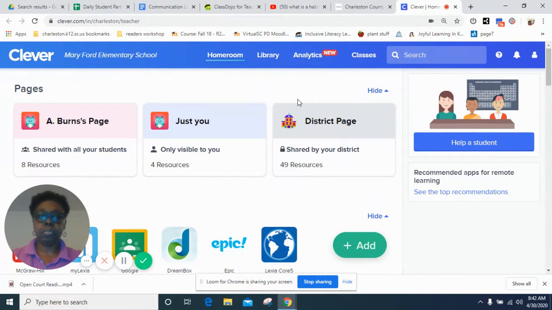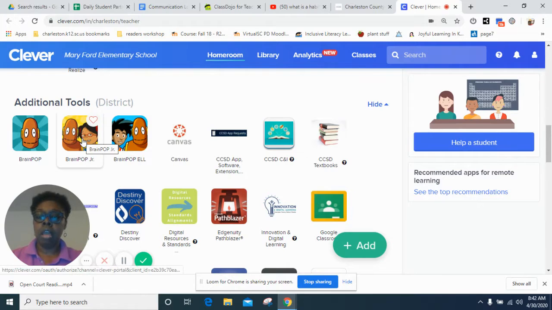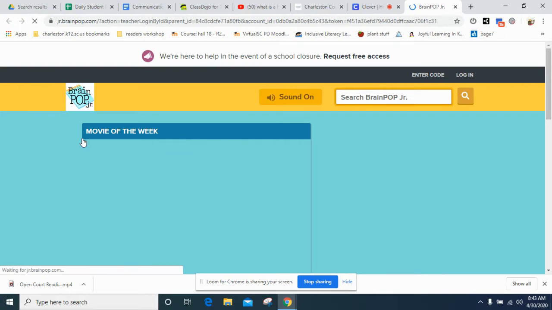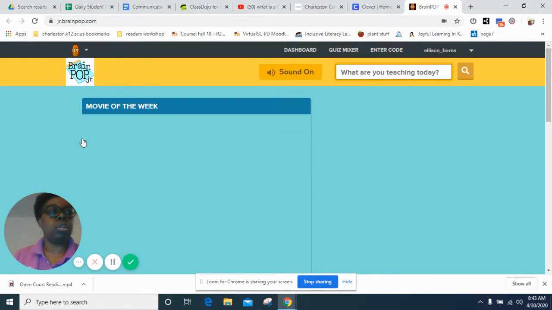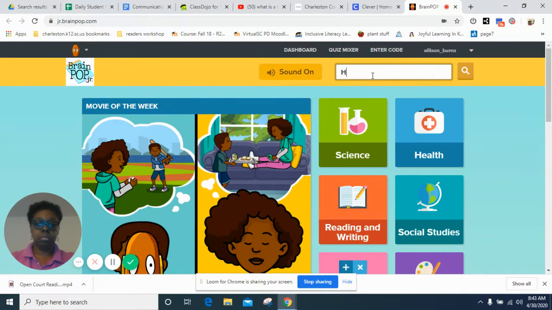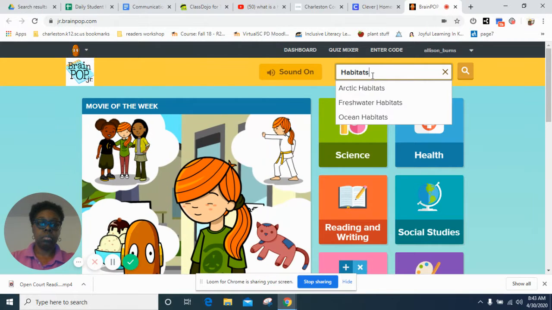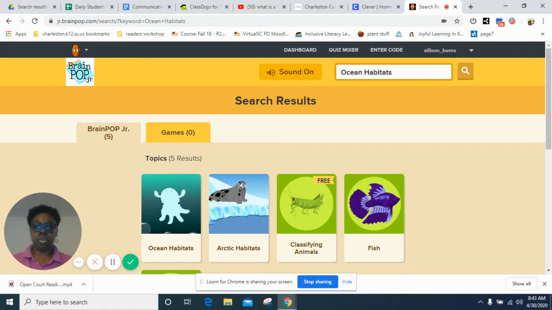Okay, I am in our page right here, and we're going to look at Brain Pop Jr. again today, because yesterday we talked about the rainforest habitat. Today in our science book, while this is opening up, we're going to get that ready for us.